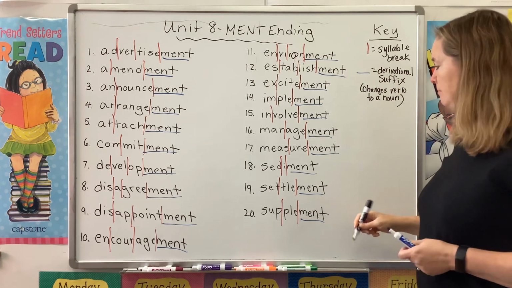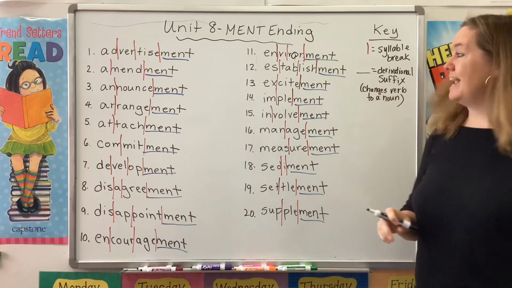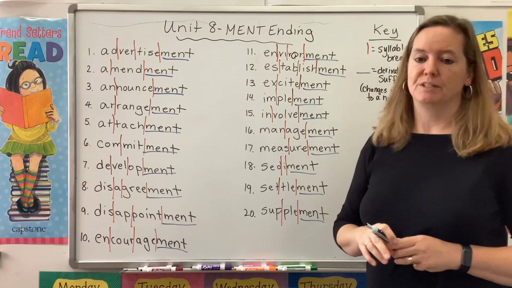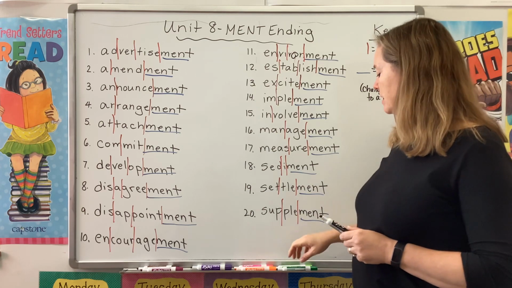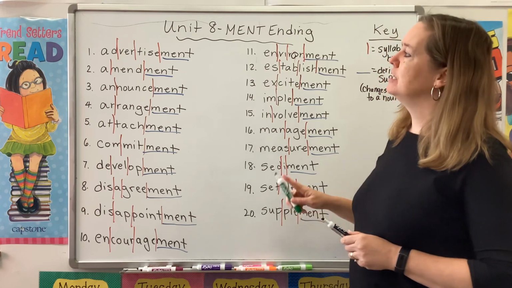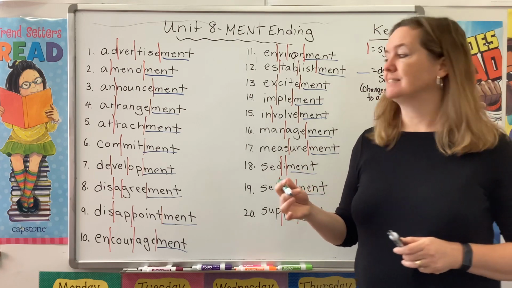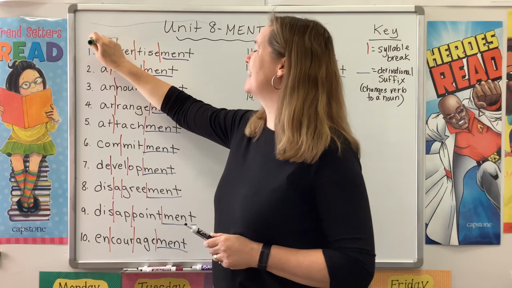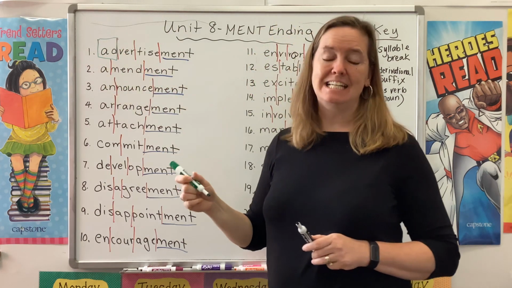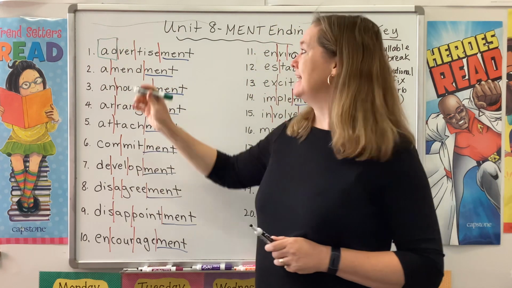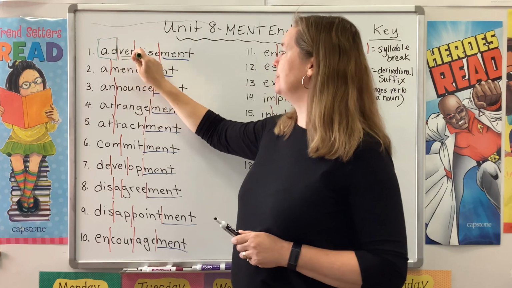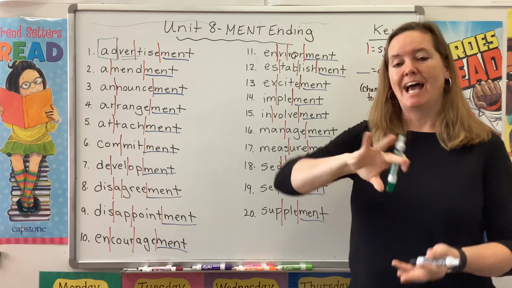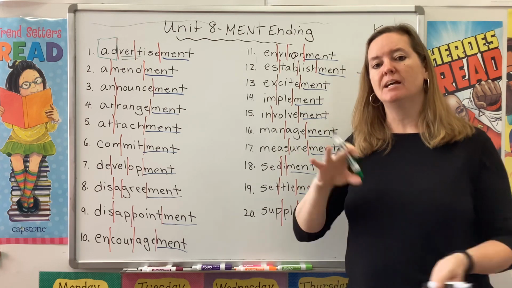Okay? All right. Now, one of the reasons I like to break my words into syllables is because it draws my attention to prefixes. So check this out. Advertisement starts with ad. AD means towards. Now, last week, you guys learned that any word that has verse or vert in it has something to do with turning, right?